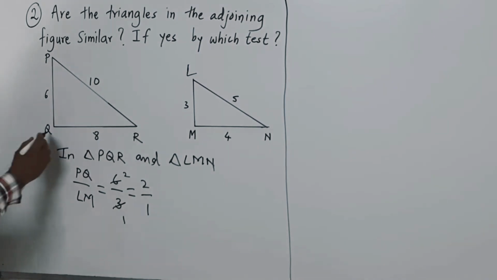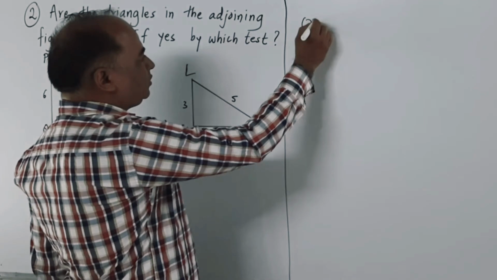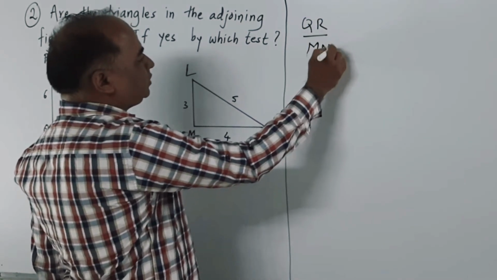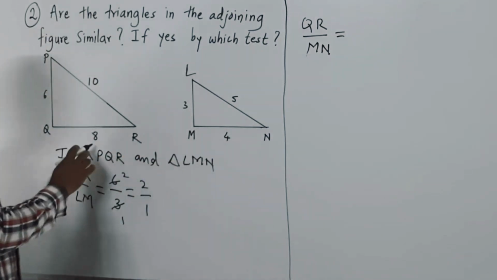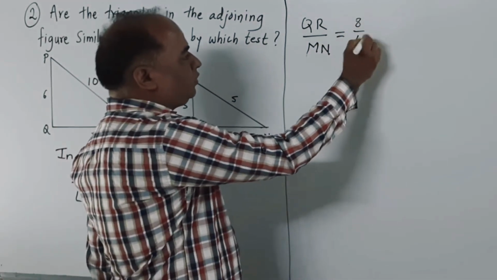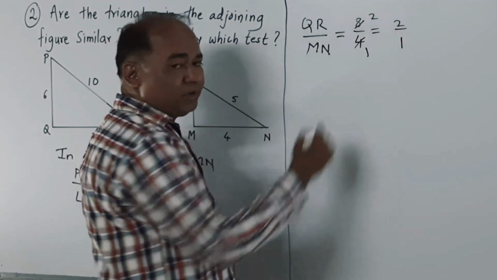Then QR corresponds to MN, so side QR upon side MN is equal to 8 upon 4, which is equal to 2 upon 1.